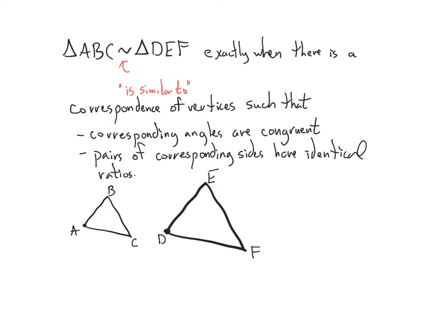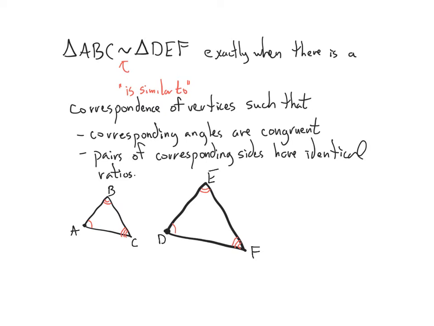I was taking the first triangle and making it bigger, so these guys are similar. So you can see these angles are congruent. The angles didn't change when I made it bigger or smaller.